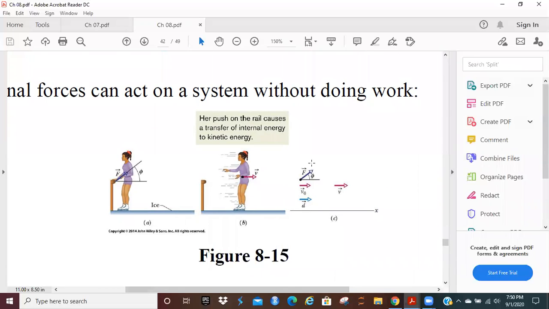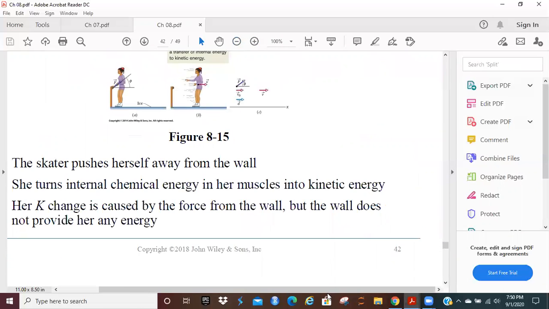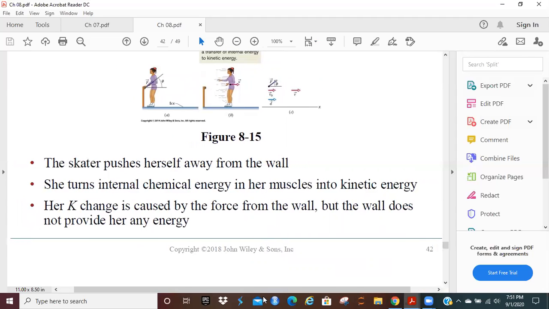So you've got the force being applied there, the velocity going over here, the displacement headed this way. Her kinetic energy is caused by the force from the wall, which is pushing back on her. But the wall doesn't provide her any energy. It's just that she's now in motion, and any total energy that she had is now changing forms.